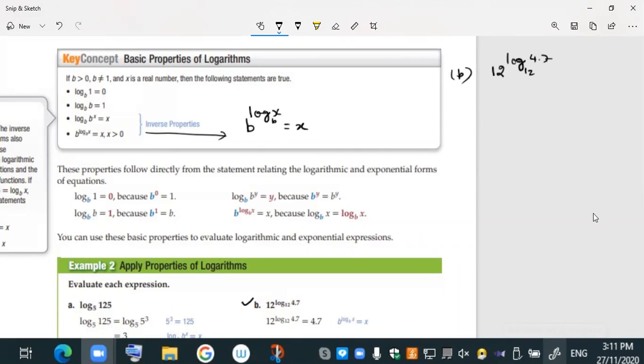So this is similar to this one. Instead of b here it is 12. So directly you can use this formula to get the value of this equal to 4.7. That's all. So sometimes we can use this formula directly, using these 4 properties to solve.